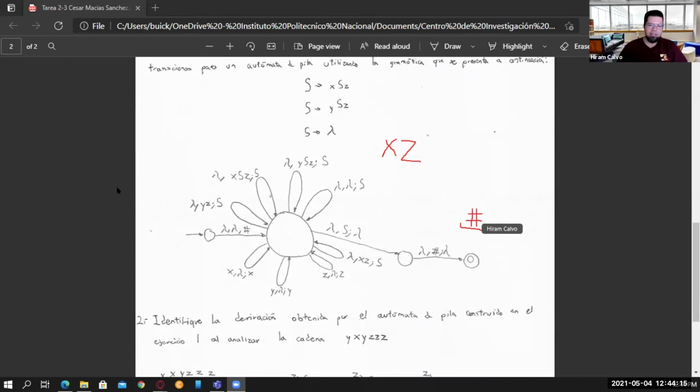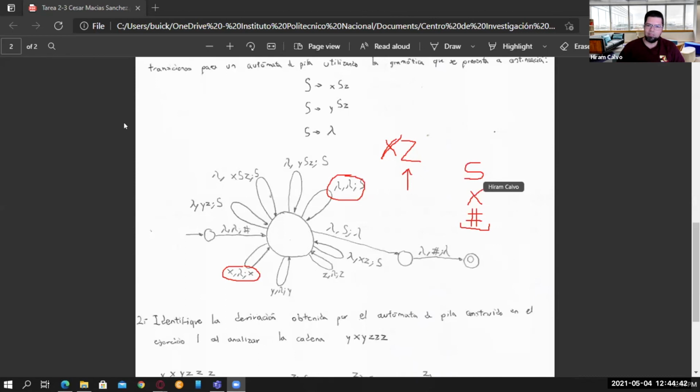And then we will need to process x and z. First, by using this rule, we can just consume an x from the input and add it to the stack like this, right? And then, because we have this rule that allows us to add an s into the stack whenever we want, then we will add this s here.